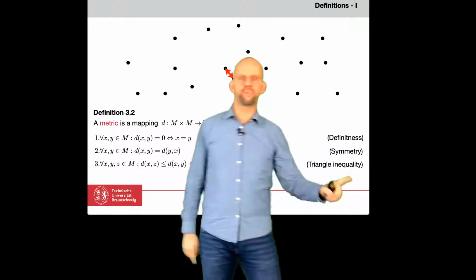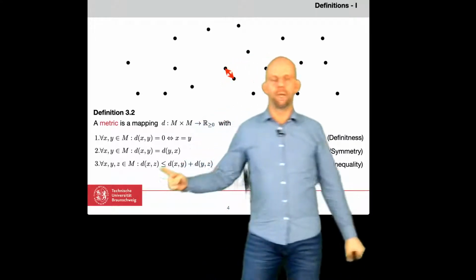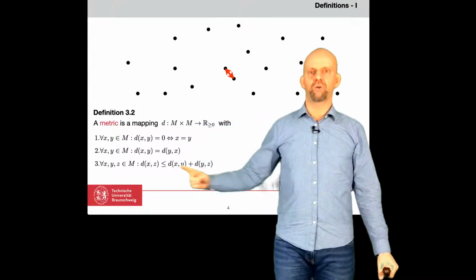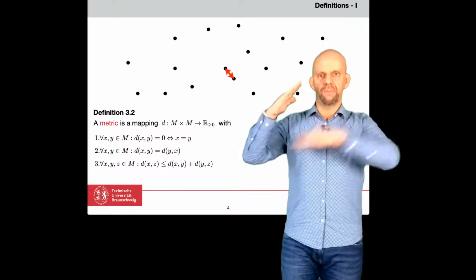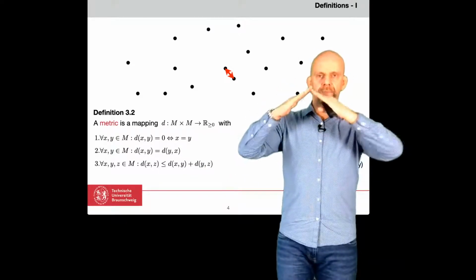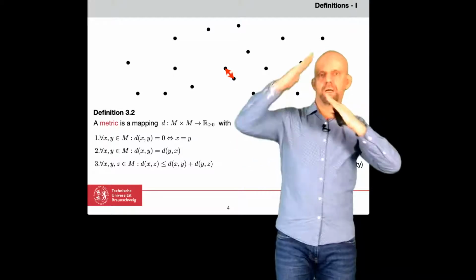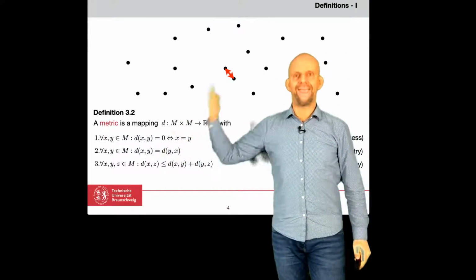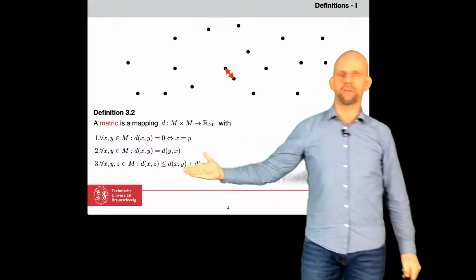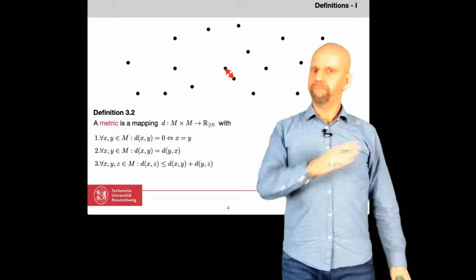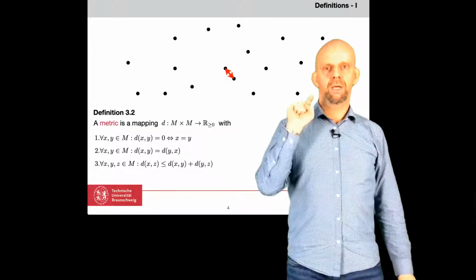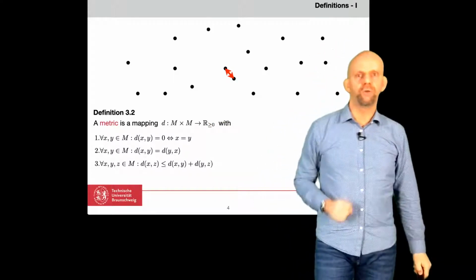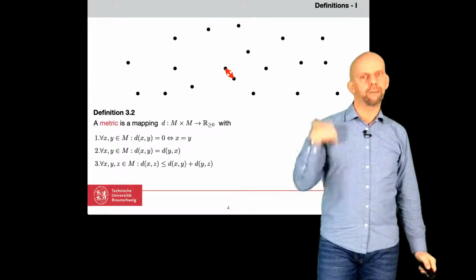That's of course called the triangle inequality. So if you have a triangle, then the direct connection is not longer than the sum of the other two edges. And anything that satisfies this is called a metric.